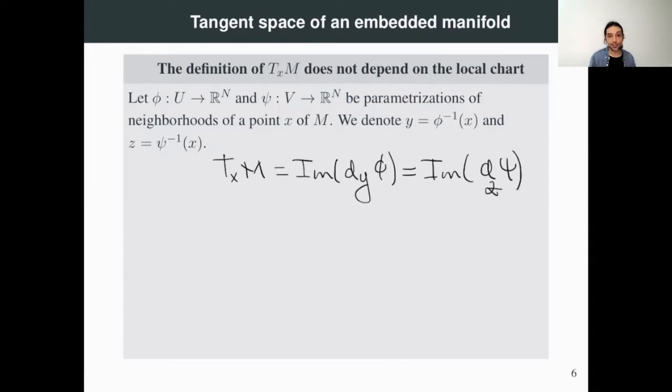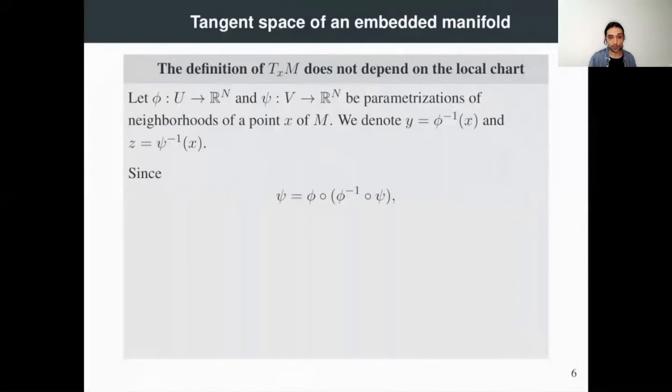And we have to check that these two linear subspaces are the same one. Otherwise, our definition is not a good one. It depends on local charts, and so it could be useless. It couldn't be intrinsic. So we need to see that it does not depend on the choice of local charts.